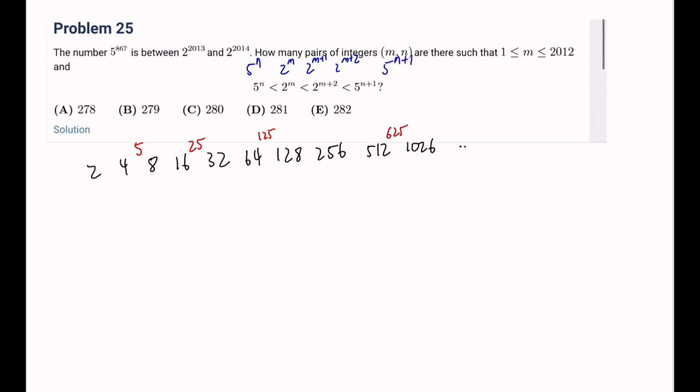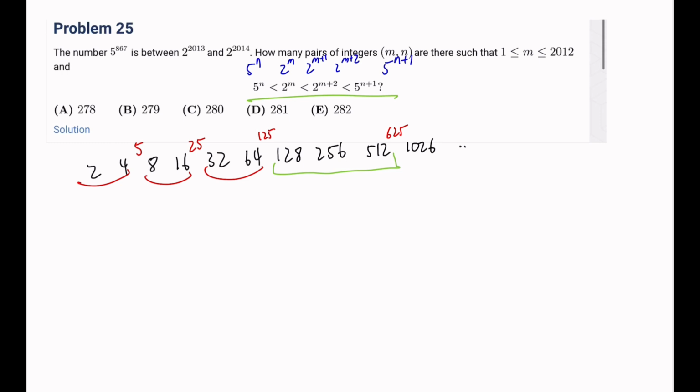And so we see that mostly there are two powers of 2 between consecutive powers of 5, but sometimes, like this case, there are 3. And so what we need to find is the number of cases where there are 3 powers of 2 between consecutive powers of 5.